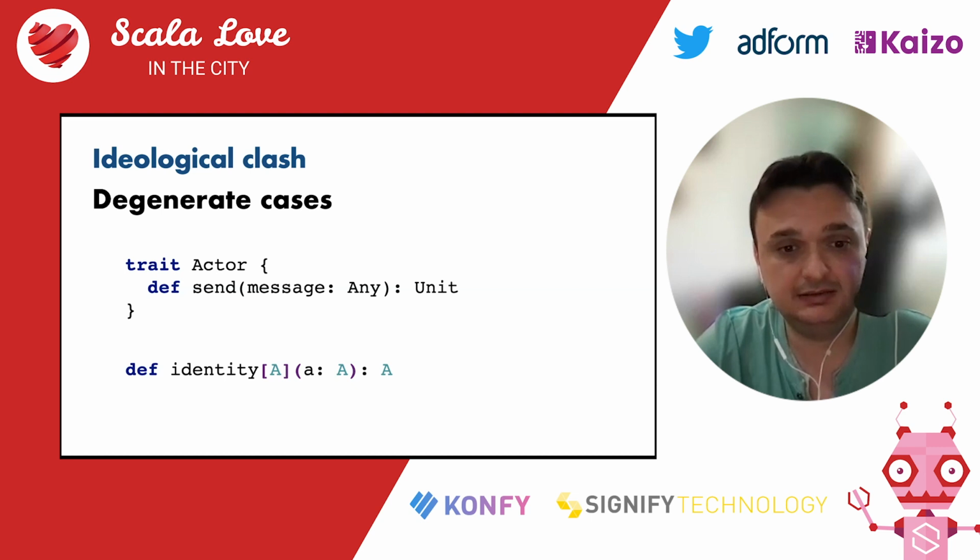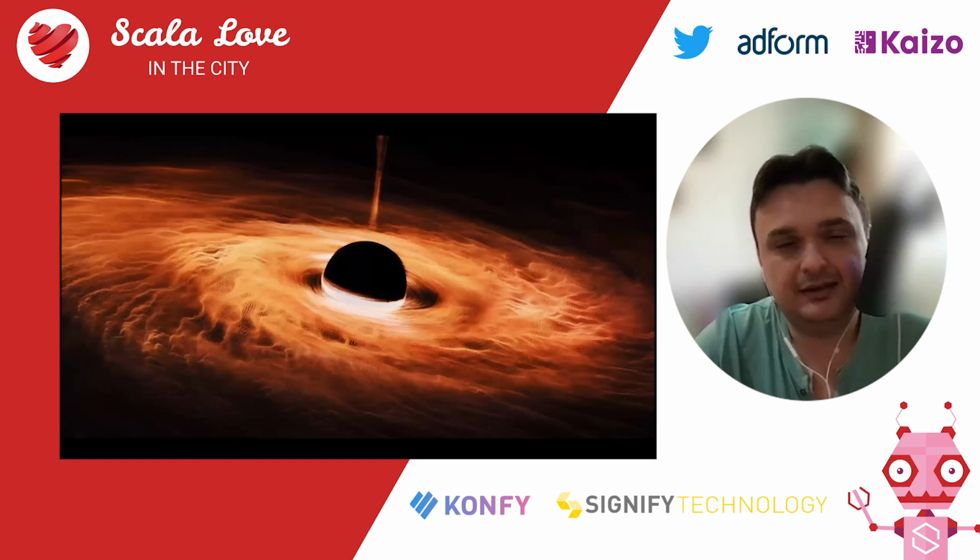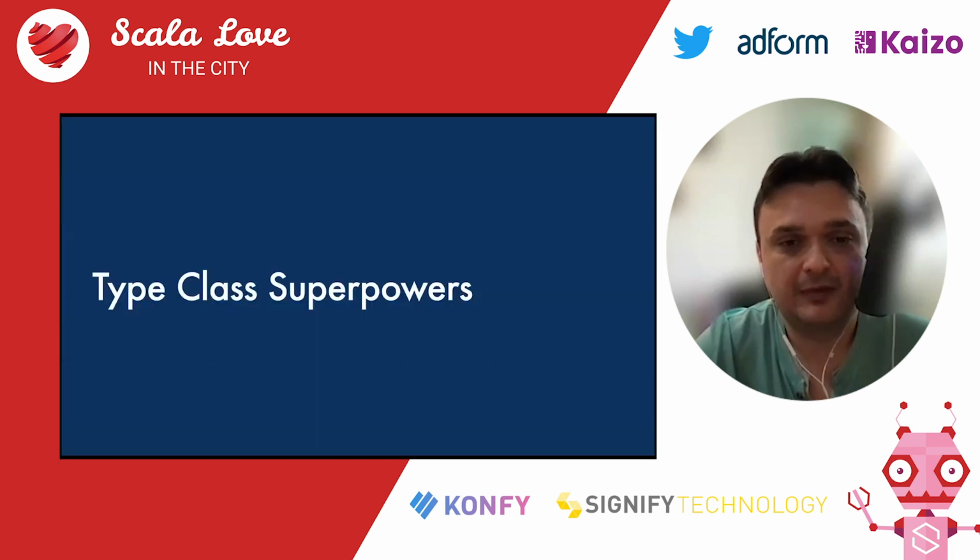Whereas identity does literally nothing, being useful only for type Tetris and in presentations for proving a point. So I named these degenerate cases thinking about the degenerate era of the universe, where stars are dying, turned into white dwarfs and brown dwarfs in their march to be eaten by black holes, because that's how I feel when I work with untyped actors, or when playing a lot of type Tetris.